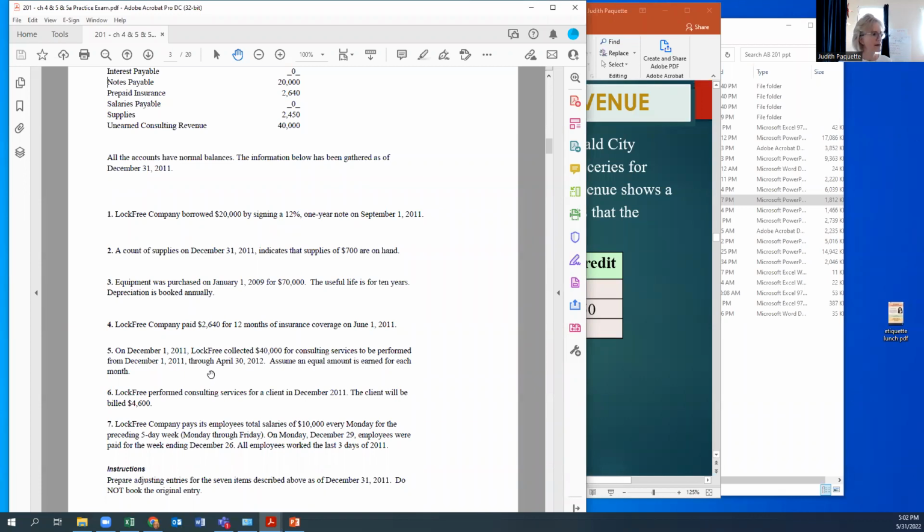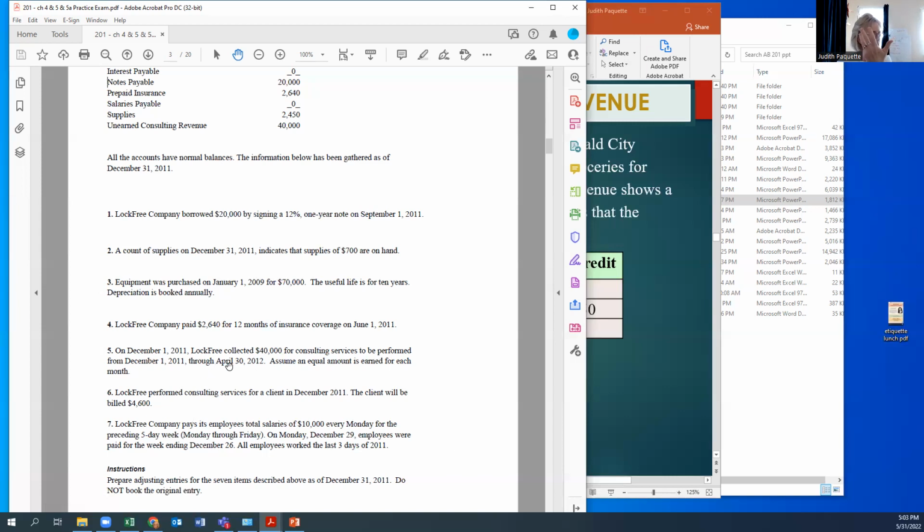Now, this is a contract from December 1st to April 30th. How many months is that contract for? Direct message me. Michelle, correct. Anyone else? Sabrina, correct. Hunter, correct. Okay. December 1st through December 31st, January, February, March.